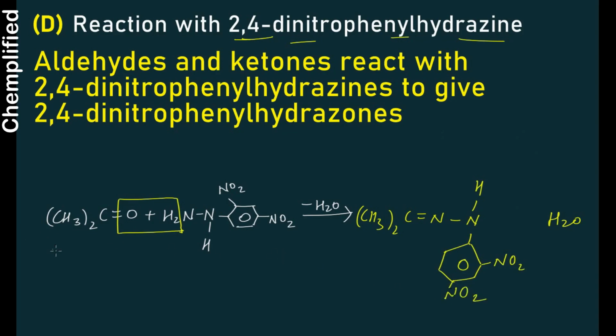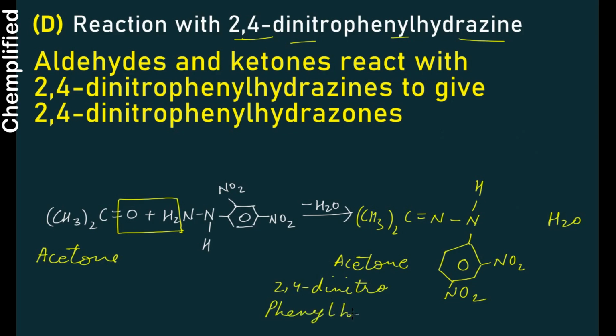Now since our starting compound is a ketone, acetone, the name of the product will be acetone 2,4-dinitrophenylhydrazone. So the final product will be acetone 2,4-dinitrophenylhydrazone.